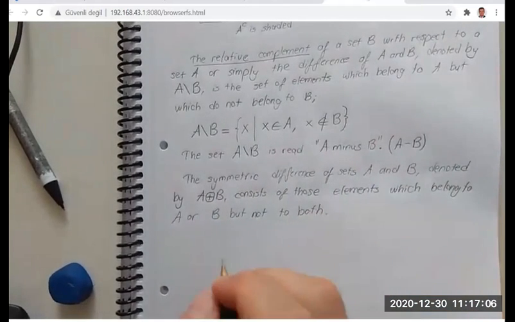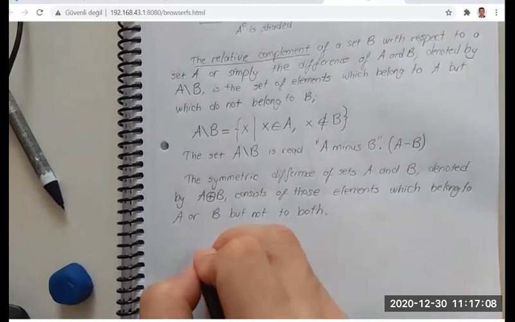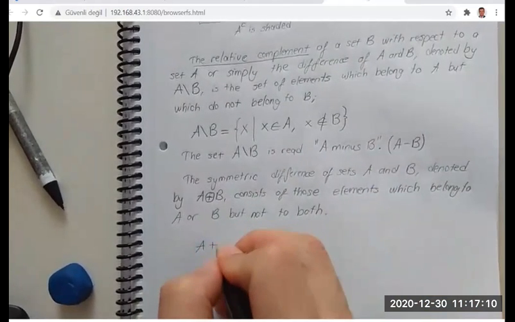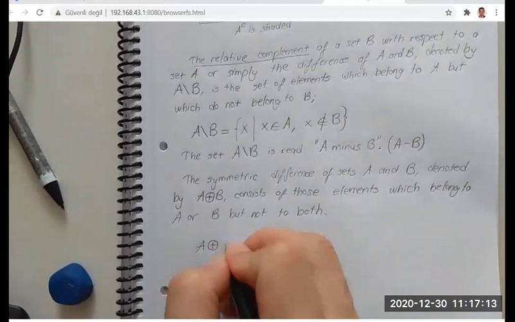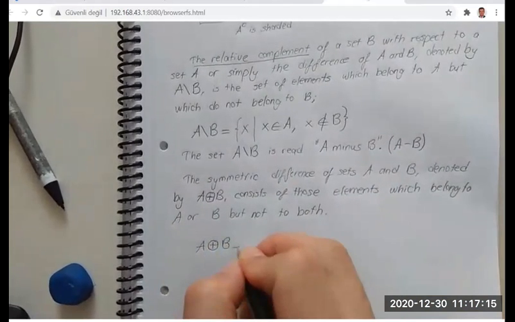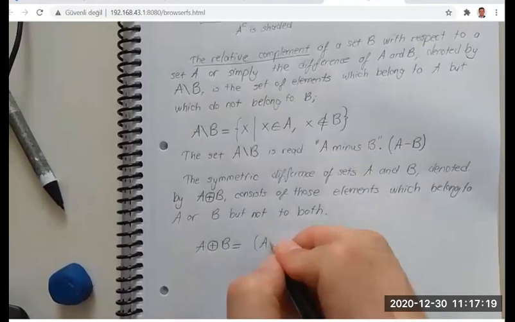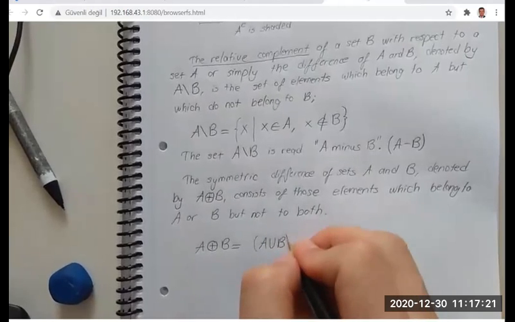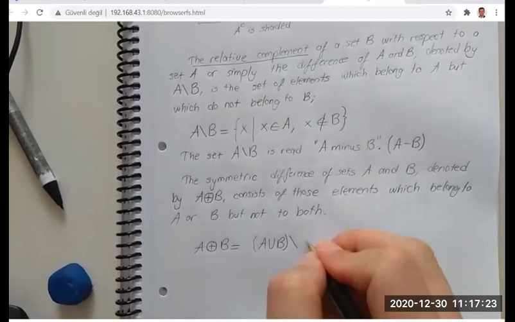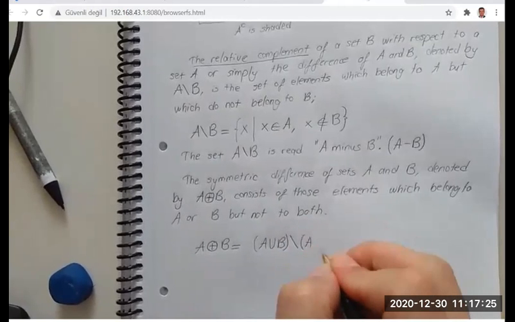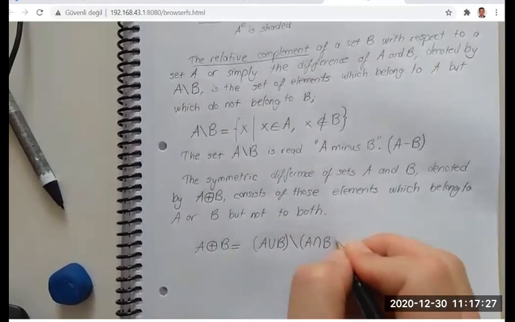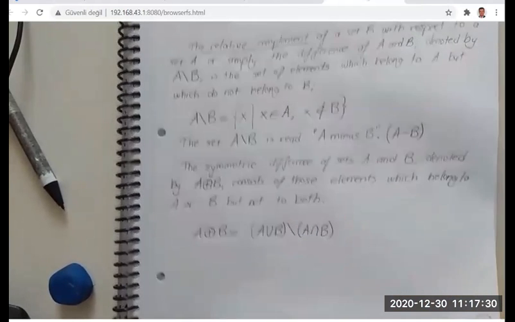So for the symmetric difference of A and B, we can write A union B minus A intersect B. This is the symmetric difference.